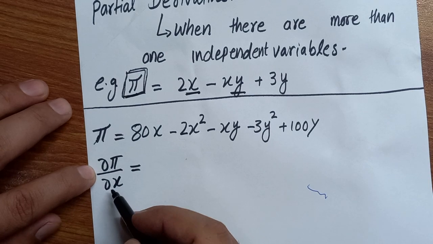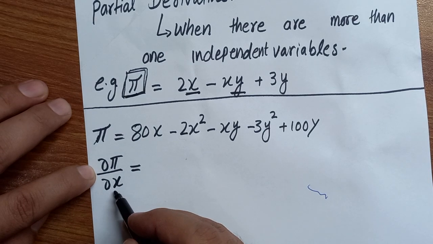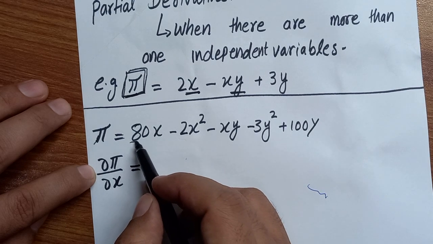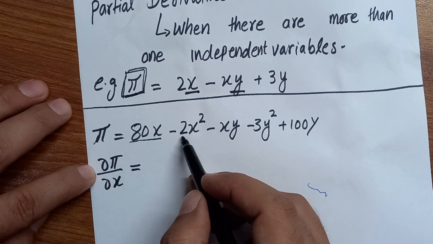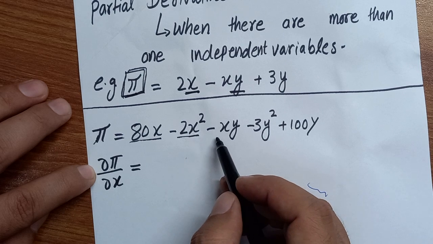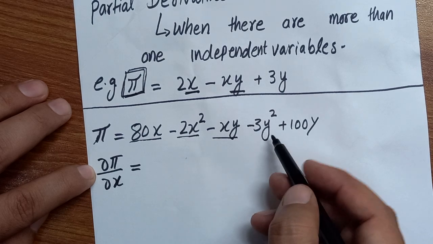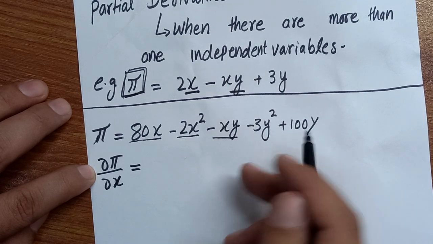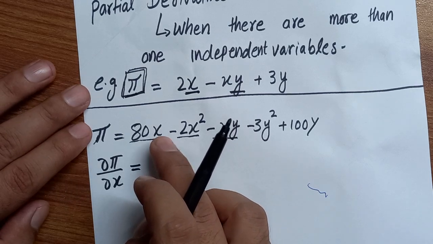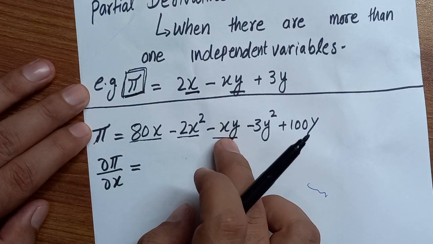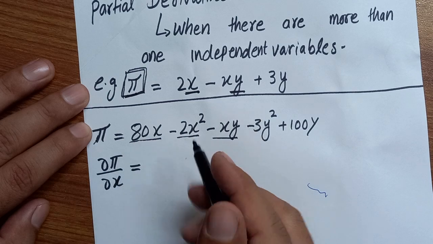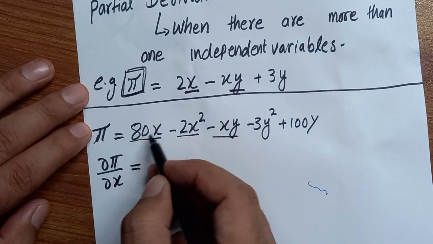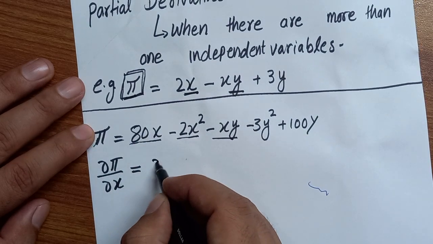When we are finding the partial derivative with respect to x, we will mention only those terms which contain x. This contains x, this contains x, but the other does not contain x. So we take values only from those which contain x. Here we have x, so the derivative of this portion is 80 only.